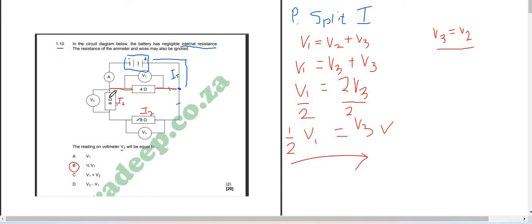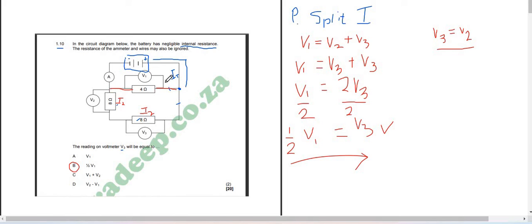This branch contains 2 resistors that are in series. So we know this branch is parallel to this branch. That means that the 4 ohm resistor is parallel to both these 2 resistors, which are in turn in series to each other. That means that resistors that are in parallel, they will have the same voltage.